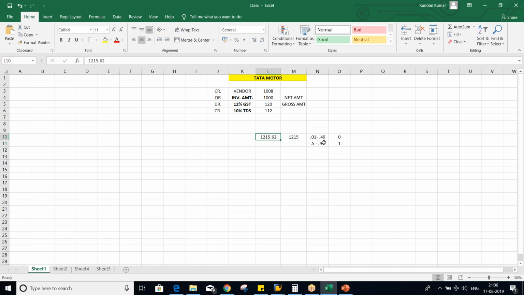Now 62 means it is falling under this category, right? 0.5 in the sense you can assume 0.50 I'm talking about, right? So this is falling under this one. So this much is going to be counted as a 1. So 1 plus 115 rupees plus 1, it is going to be 1216 rupees, right?